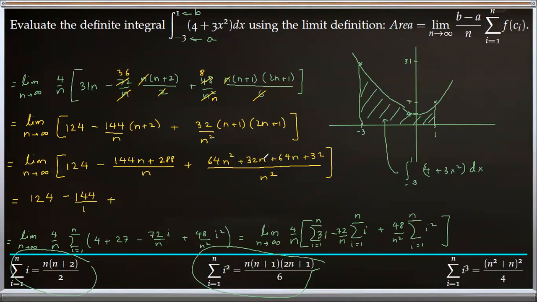We have both the quadratic functions on the top and in the denominator. We just need to look at the coefficients of the leading terms. So we get 124 minus 144 plus 64. That comes out to be 44. So it comes out to be 44, and this is the value of the integral. So I can say this is 44.